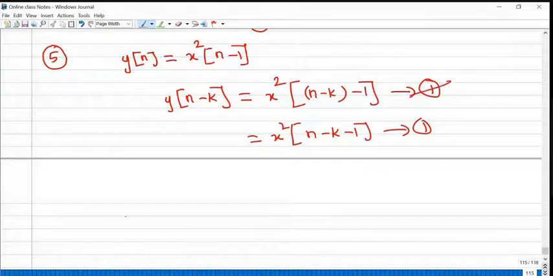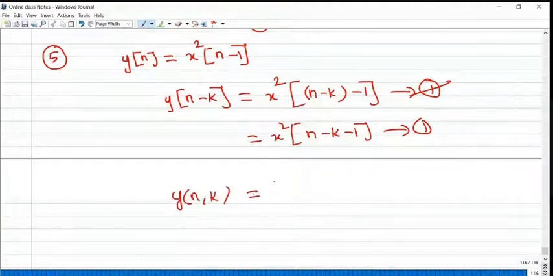Now, assume the output of the system due to delayed input. Delayed input means the x of function; wherever the x function is there, in this problem, x square of n minus 1 is the x function. So minus k.